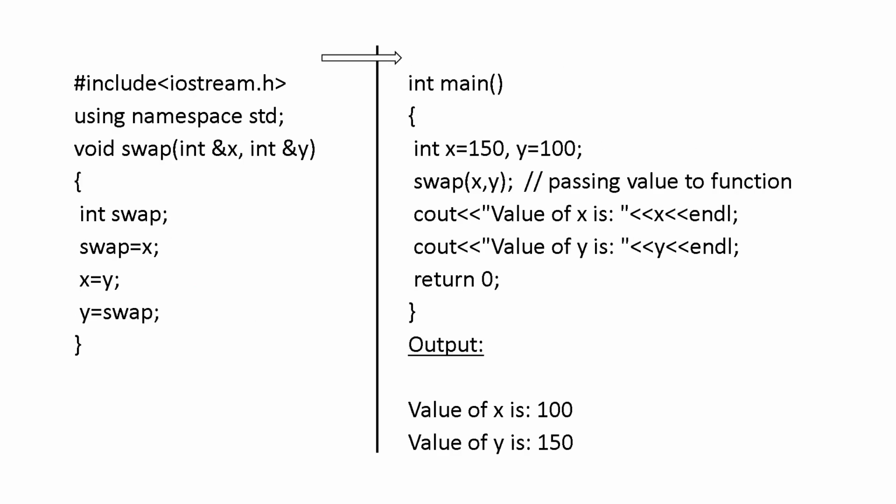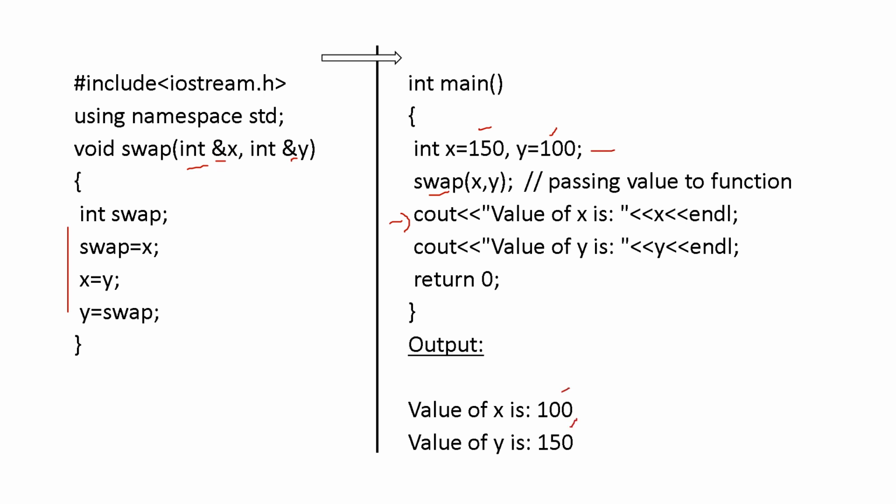Here is an example. #include, and here in the main section x is equal to 150 and y is equal to 100. swap(x, y), it will come to the function section, and here the same swapping has happened. Since we have used call by reference, the ampersand sign is being used. It shows the address. So when it comes over here, it will print the value of x as 100 and y as 150.